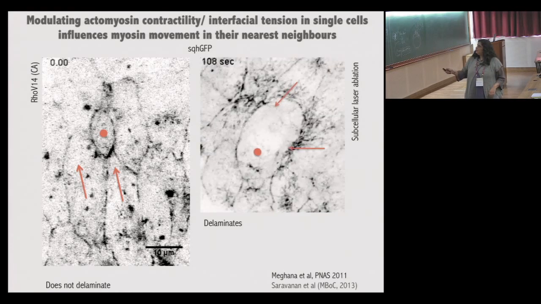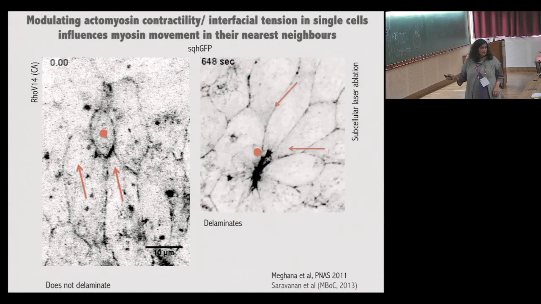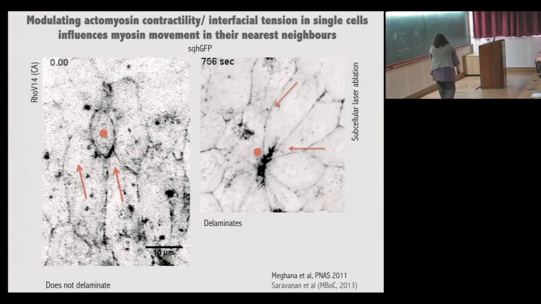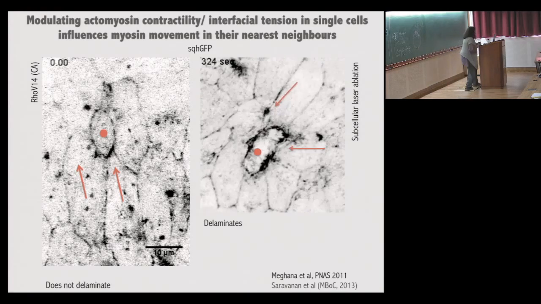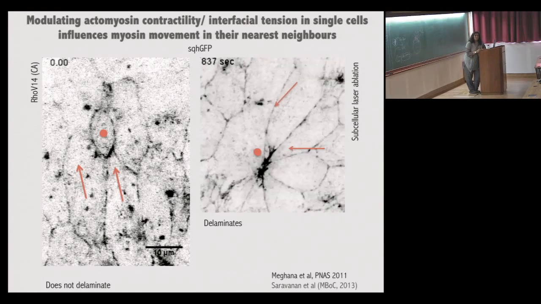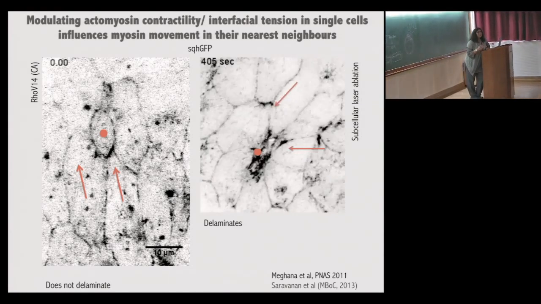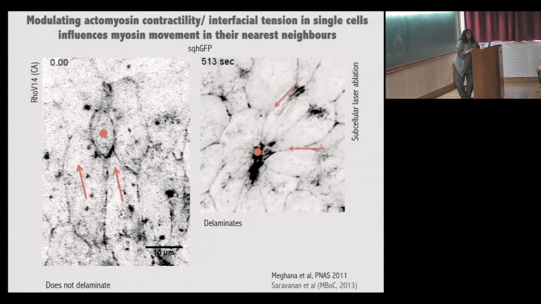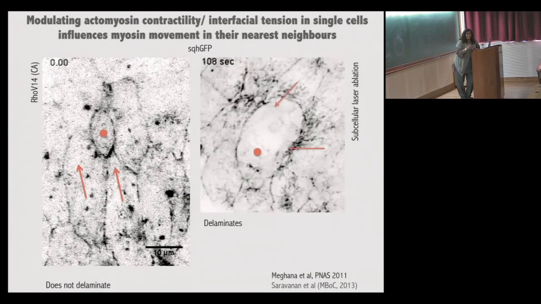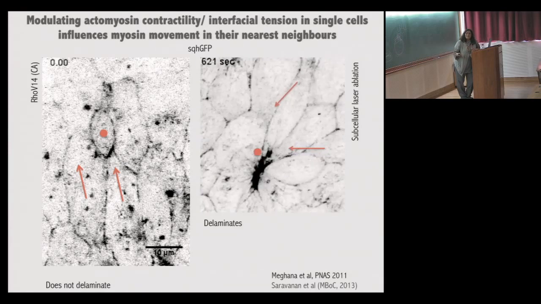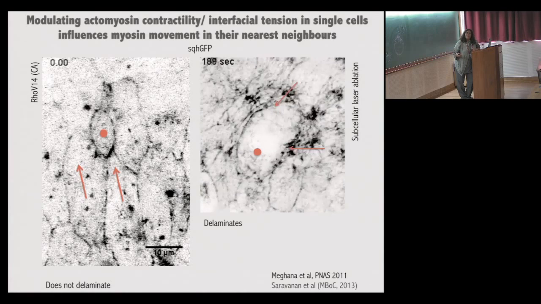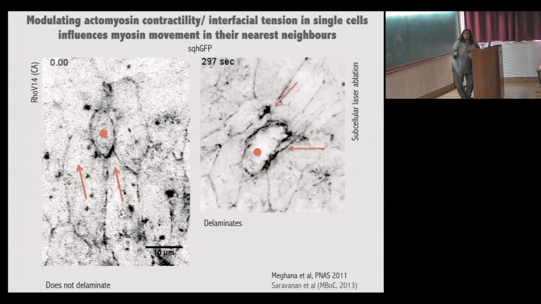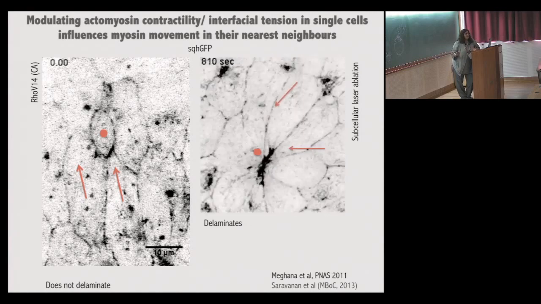But all I'm trying to say is that in both cases, you can redirect the myosin in the neighboring cell. So myosin that was initially randomly oriented during this pulsed constriction process can now be made directional, which suggests that altering the tension at interfaces could be a cue that dictates where myosin goes.